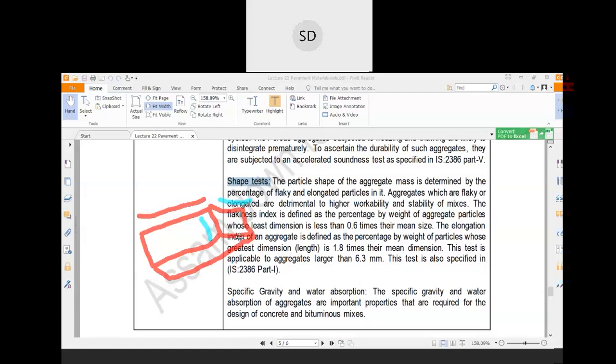Mean dimension means average dimension. These are the flaky particles. Now another type of aggregate is elongated particles. As the name suggests, elongated particles would be longer. Okay, now here the definition is the particle whose greatest dimension, length, is more than 1.8 times their mean dimension. Okay, this is elongation index.